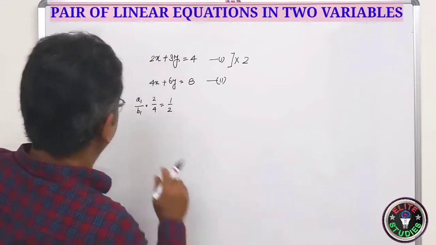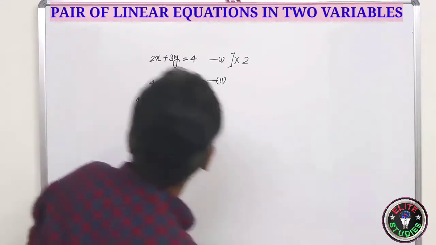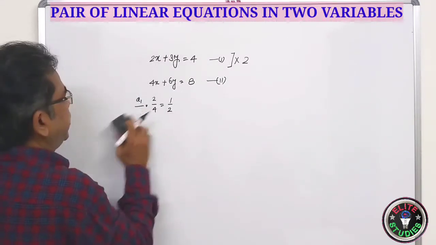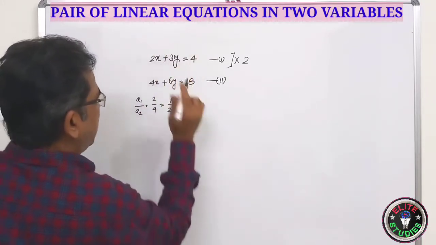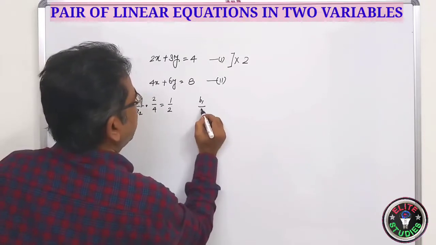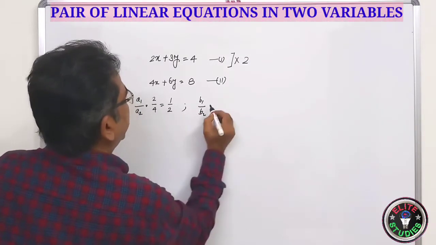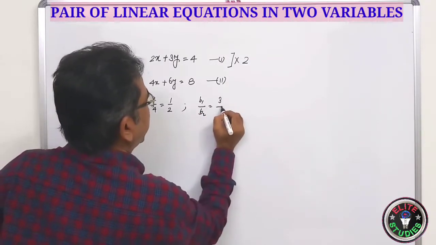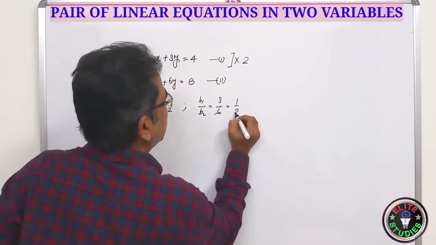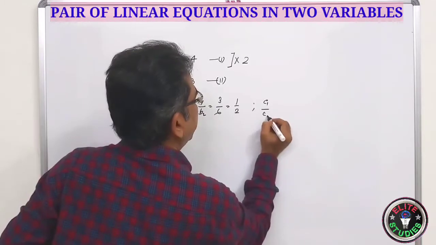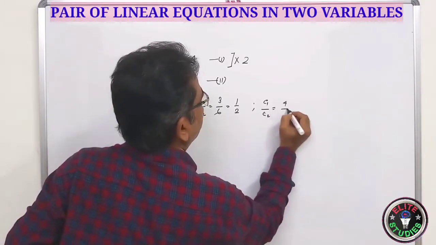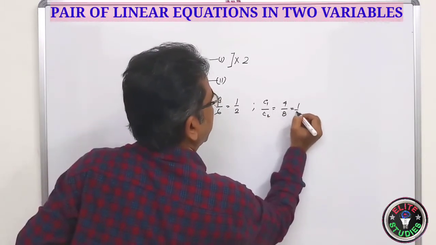Similarly, b1 by b2 is equal to 3 by 6, again it is 1 by 2. And c1 by c2 is equal to 4 by 8, which is equal to 1 by 2.